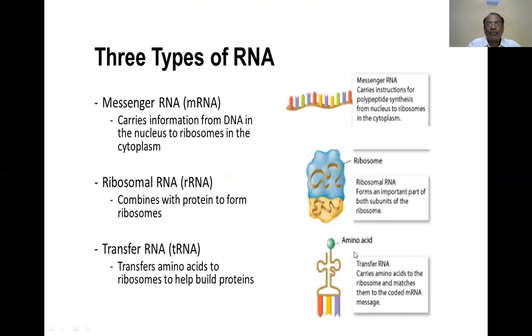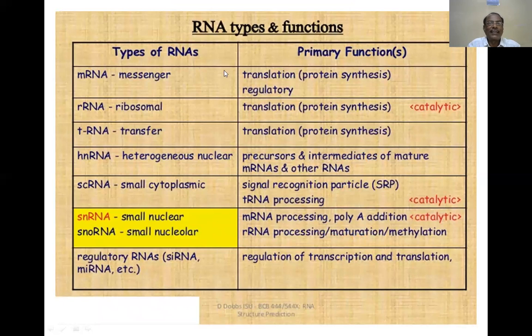Now a fourth type of RNAs has come, which are called small RNAs. These small RNAs are the scRNAs, small cytoplasmic RNAs, and small nuclear RNAs, snRNA. In the nucleoli, some are there, snoRNA, small nucleolar RNA.